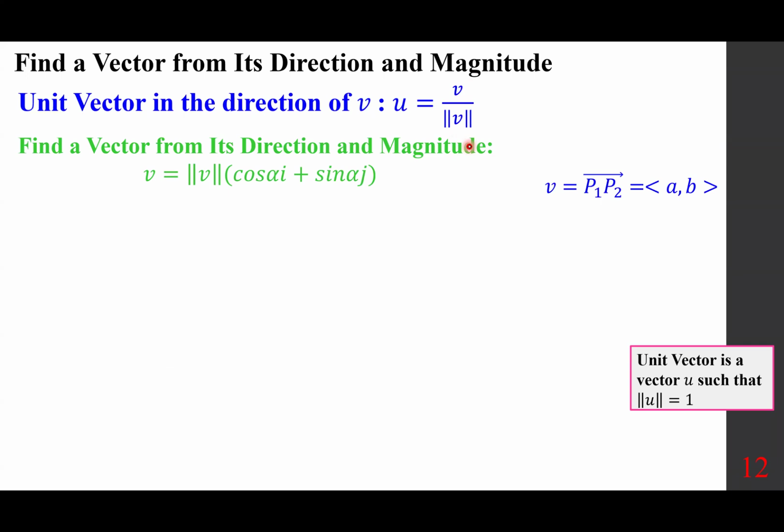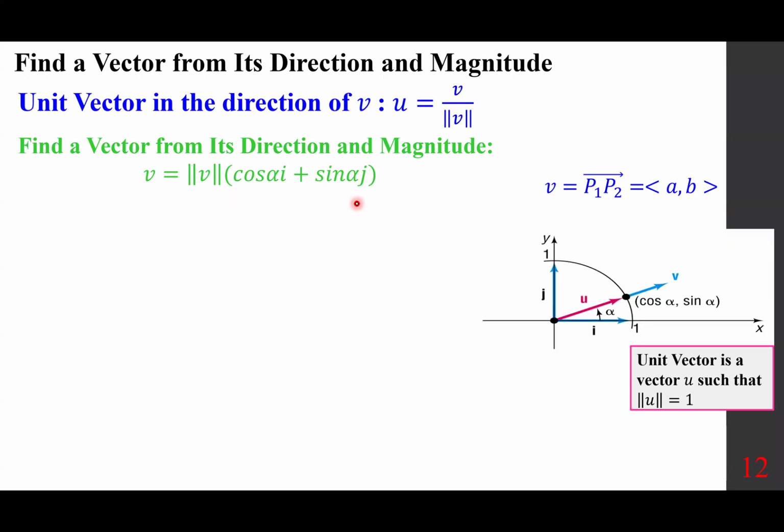Find a vector from its direction and magnitude. So v would be the magnitude times cosine alpha i plus sine alpha j. And I hope you recognize that this in essence is a unit circle. Cosine squared plus sine squared equals 1, and the square root is 1.